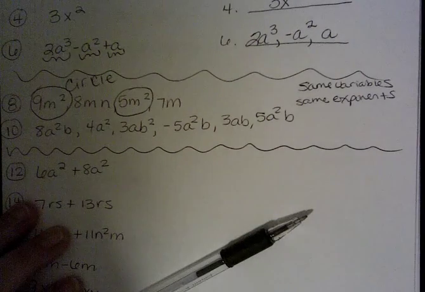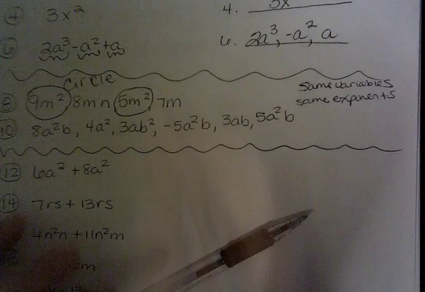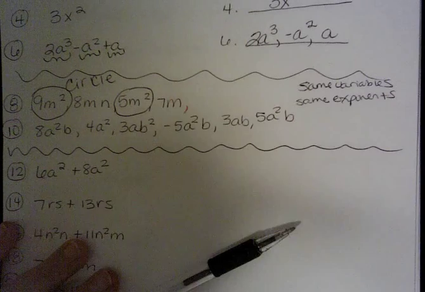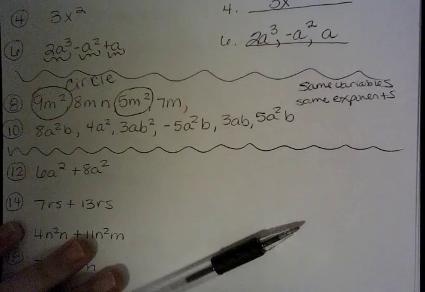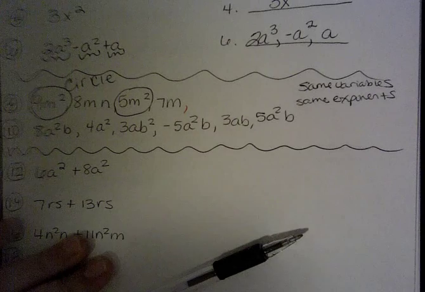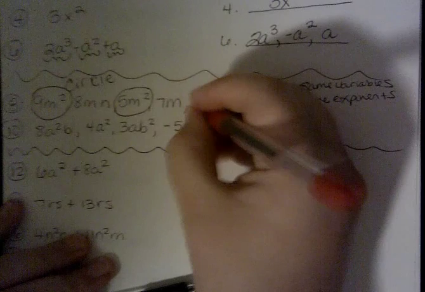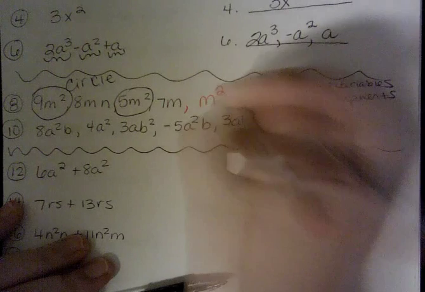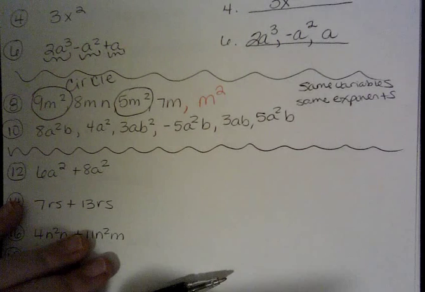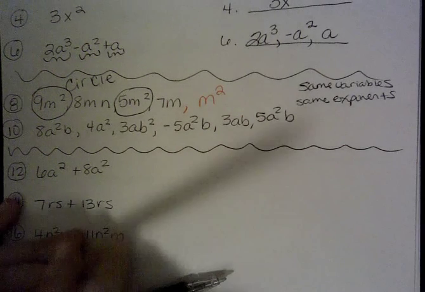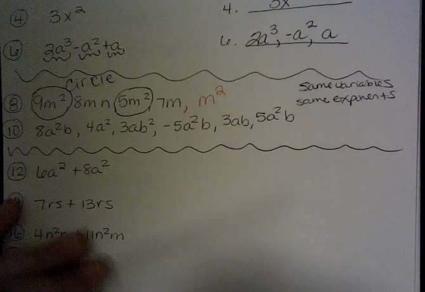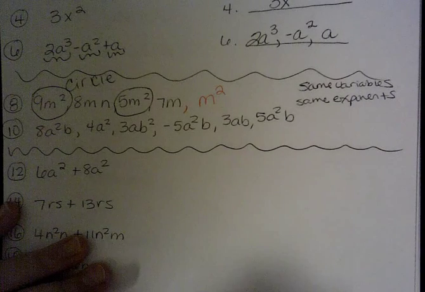But I'm going to show you one other. I'm writing this in red because this is not included in the problem in your textbook. I'm adding this into it as if it were a problem. Let's say we had just an m squared. Well, that m squared is considered a like term. What normally throws students off is that there isn't a coefficient.